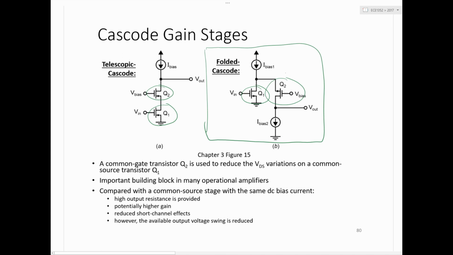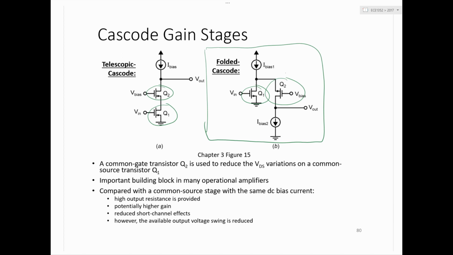And so it just so happens that on the right, the common source and common gate transistors are of opposite type. And in order to accommodate that, you have to flip the biasing around a little bit. But that's why small signal wise, we're not going to deal with them separately. In terms of their small signal analysis, the NMOS and PMOS transistors have the same small signal model, so there's no difference.